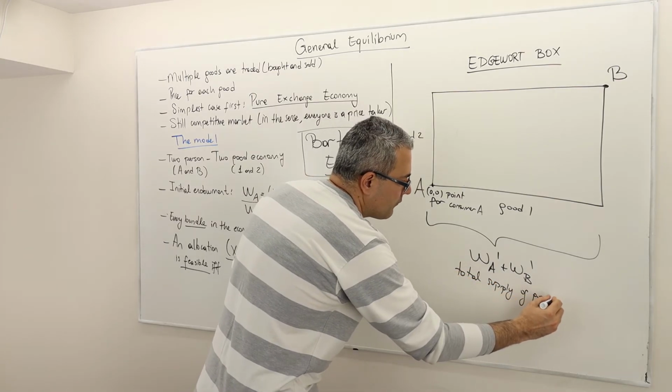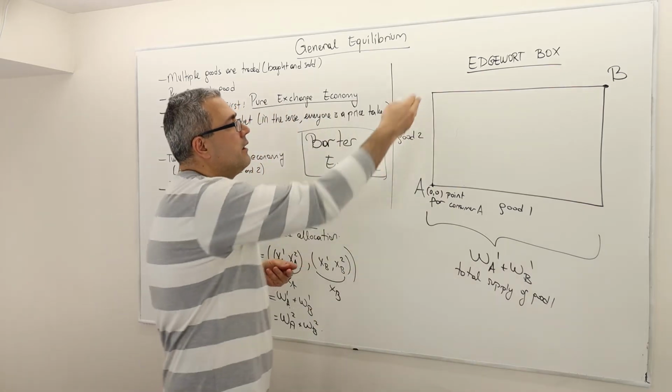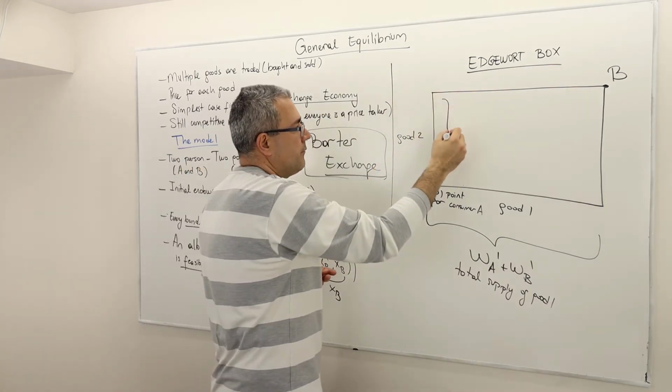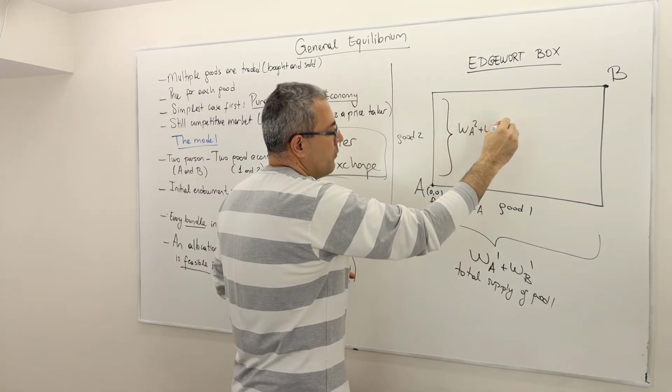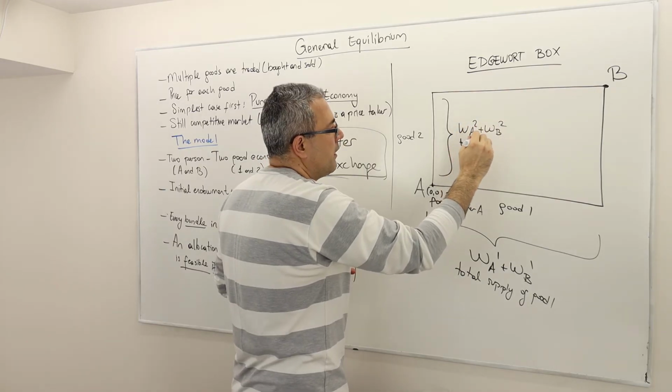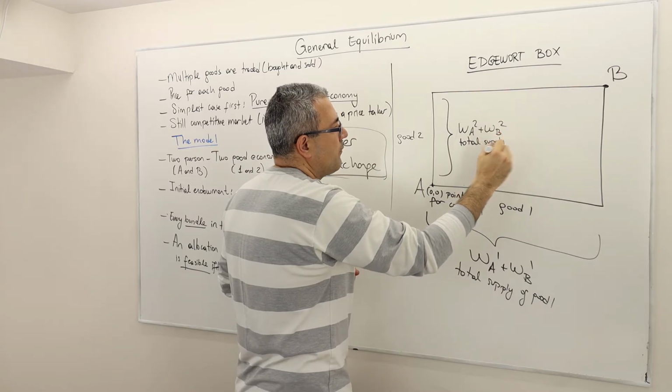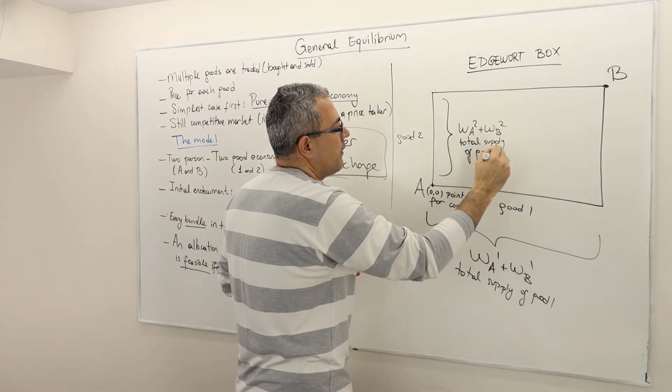Similarly, the vertical axis is WA2 plus WB2, meaning the total supply of good 2 in this economy.